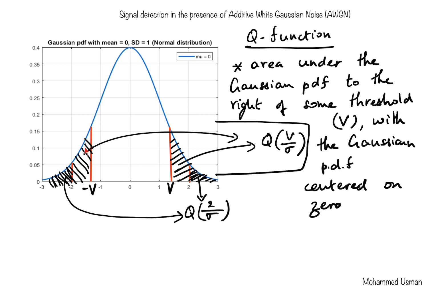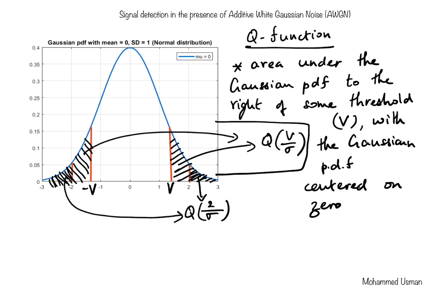So this area here is the same as this area over here, so we can just use the Q of V by sigma for minus V by sigma as well. We'll exploit this property of symmetry in the Gaussian PDF to bring these areas from the negative side to the positive side, and we can have it from the table.